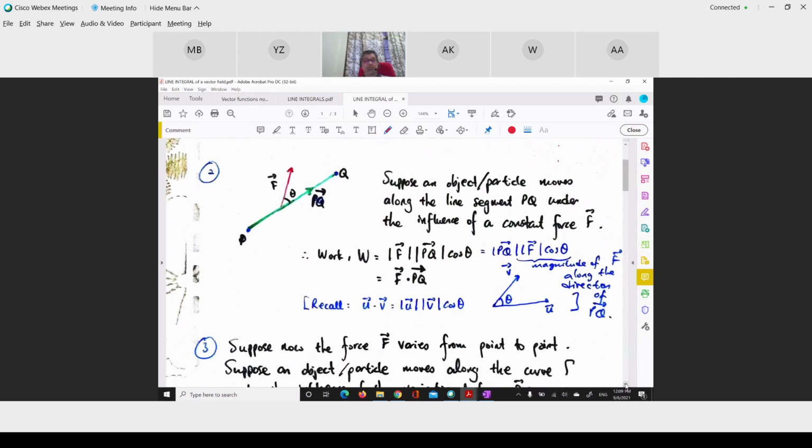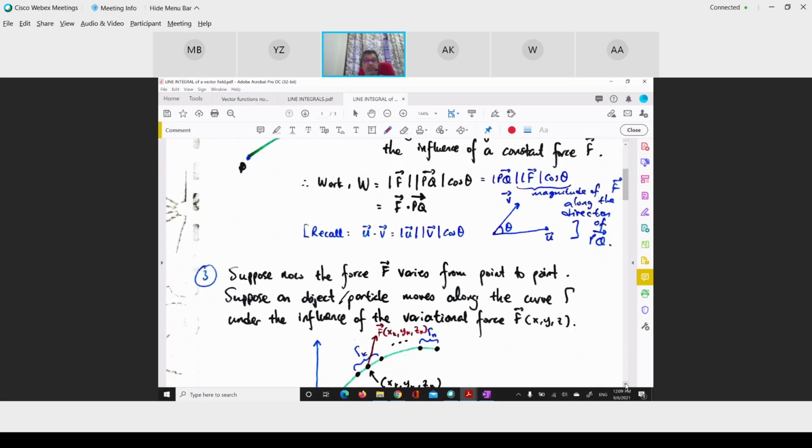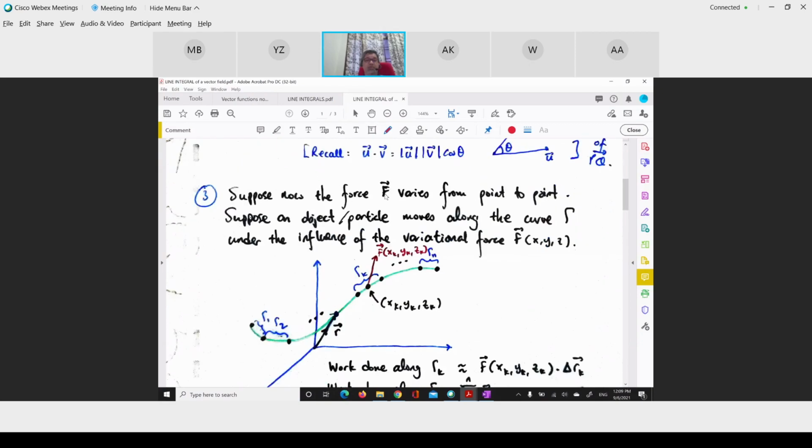Now consider more generally, the force varies. Now F becomes a vector field. The force, vector F, is like a vector field now.